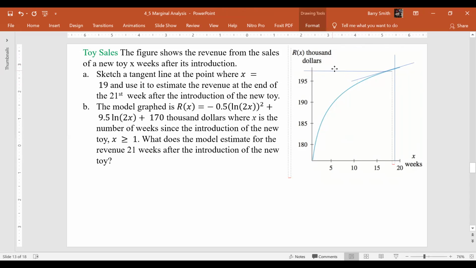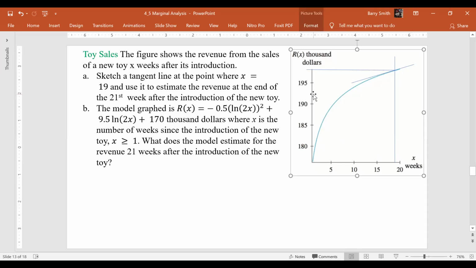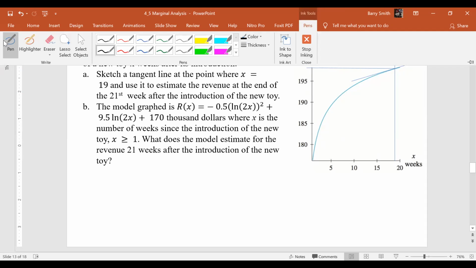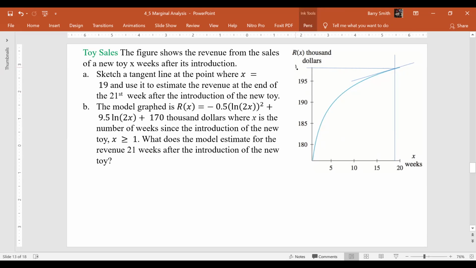So let's call that our first point. That looks to be maybe a 4, so let's call it 199, maybe. Okay. Now let's move this over and stop inking. Actually, let's first find an even one.